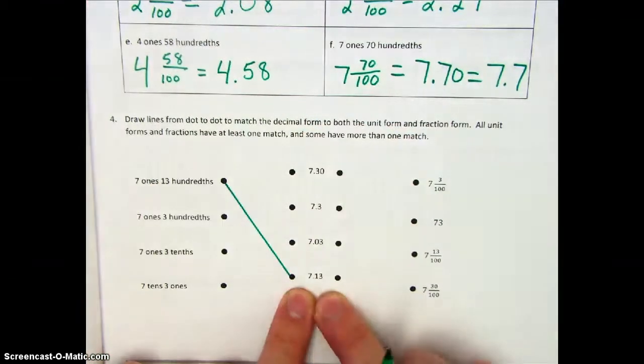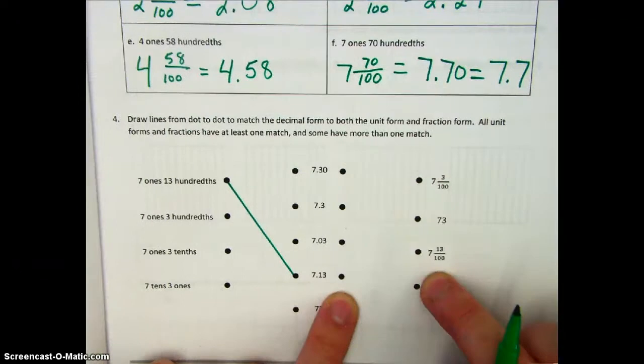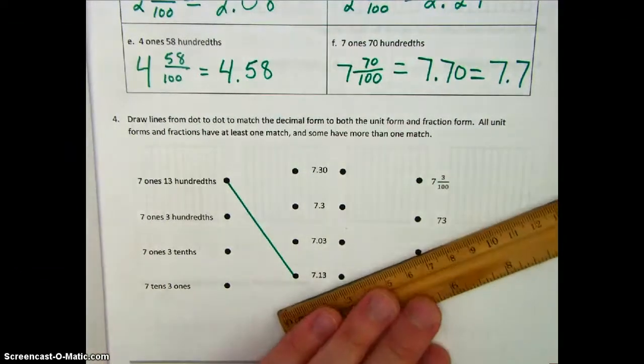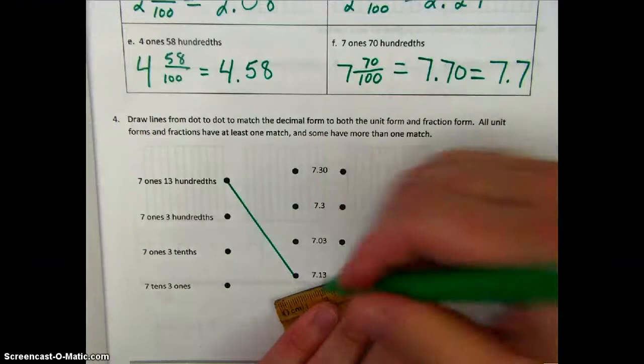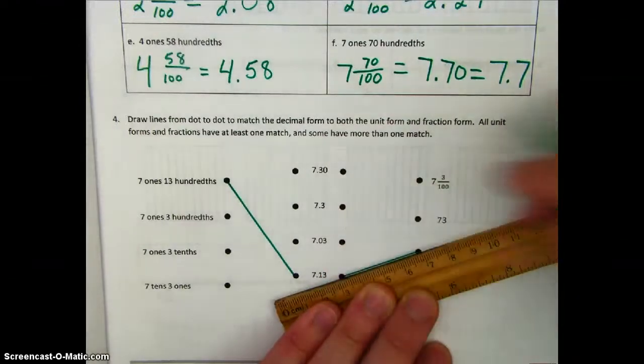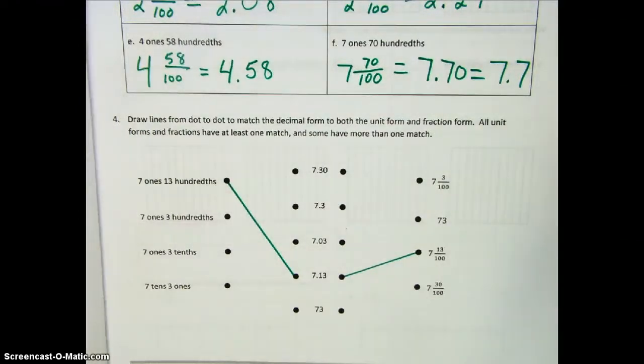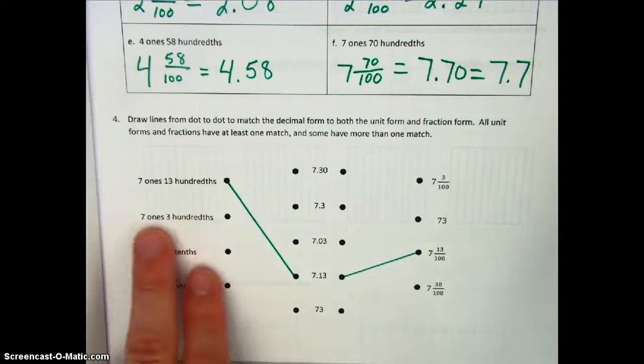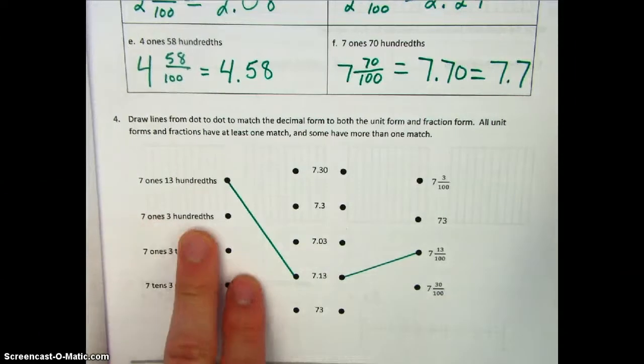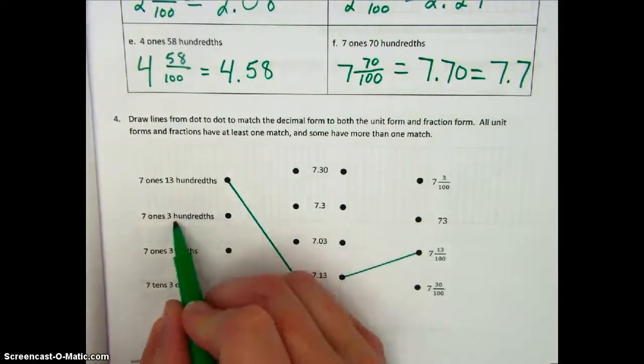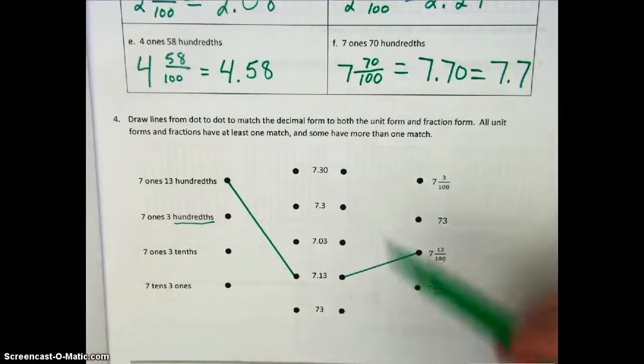Now to turn this into a fraction, I look over here and I see, okay, here's my 7 and 13 hundredths. So now I can connect these dots. I'm using a ruler so that my line looks straight, but you can just use a free hand if you need to. So now our next one, 7 ones, 3 hundredths. Now again, be very careful of our units, 3 hundredths.